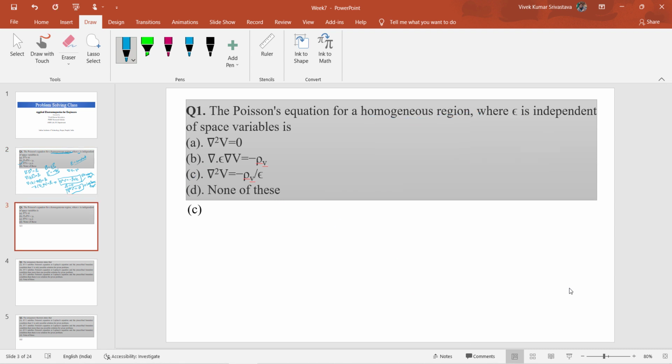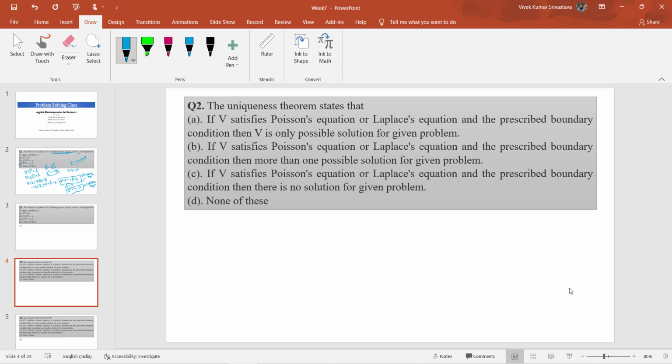The second question is, the uniqueness theorem states that: option A, if V satisfies the Poisson's equation or Laplace equation and the prescribed boundary condition, then V is the only possible solution for the given problem.